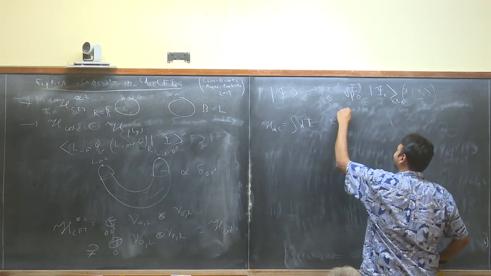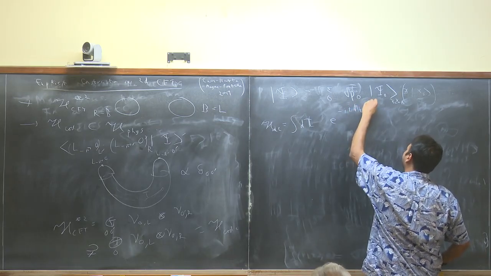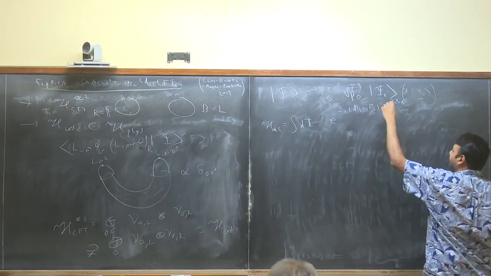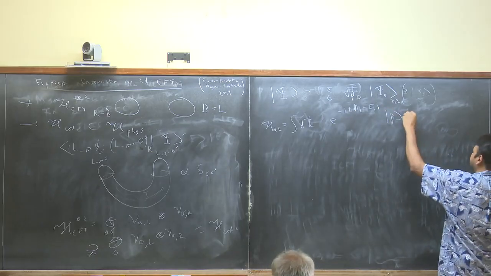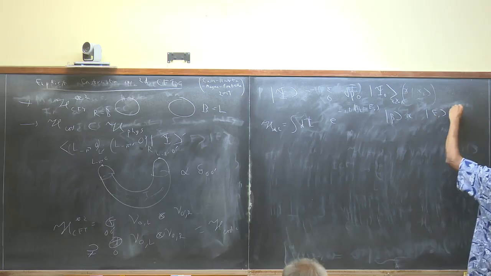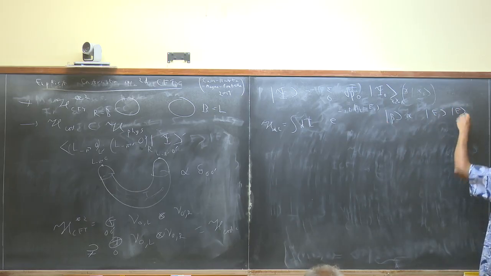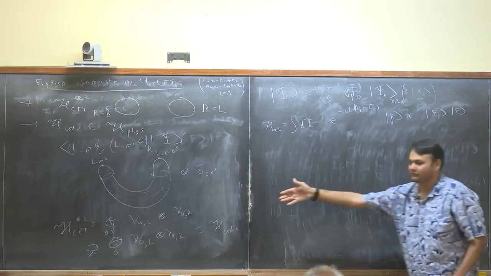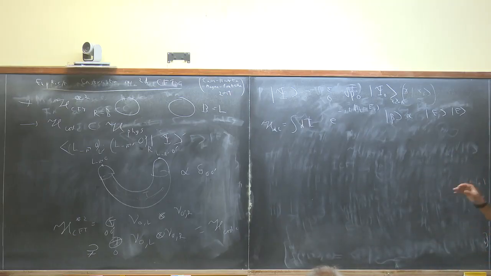Minus some E naught acting on some beta will give me something proportional to E naught, some factorized state, which will be in one of these modules. So the point is that in each module I can create a state with zero entanglement, which means that there is no irreducible entanglement within a module.